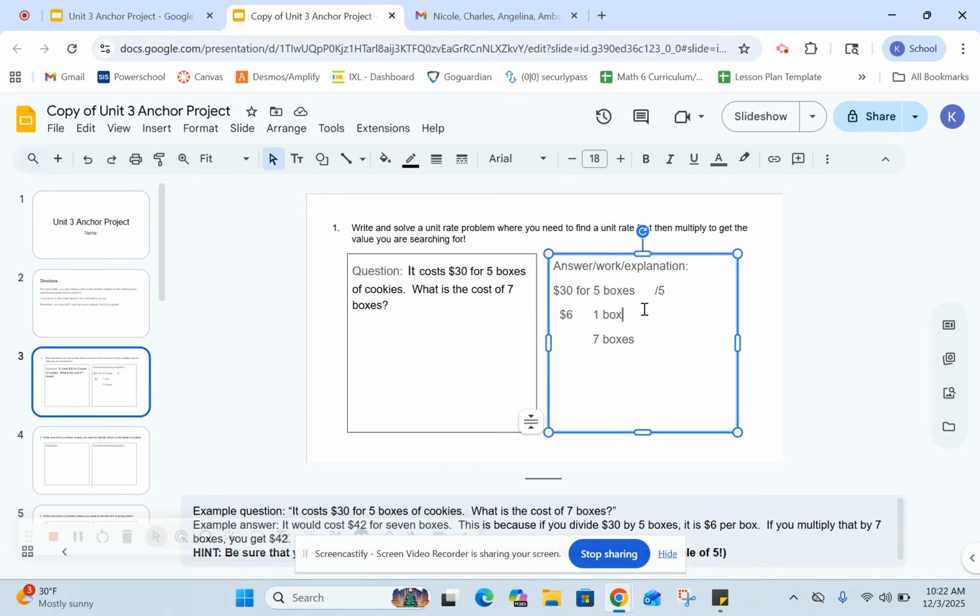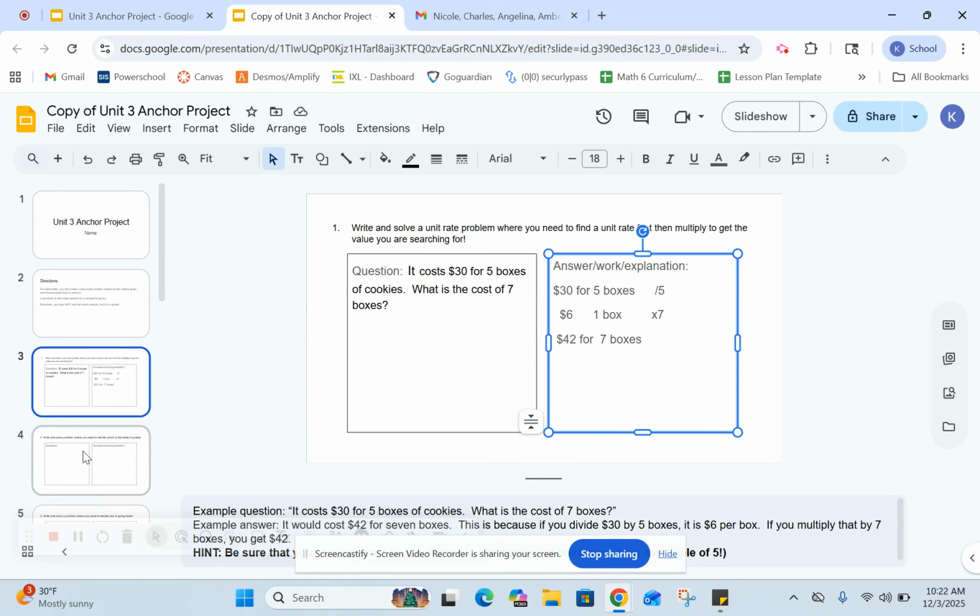So now we need to think about, how would I go from the cost of 1 box to 7 boxes? That's right, we would multiply by 7. $6 times 7 is $42 for 7 boxes. All right, now you are going to try a question like this on your own, and then we will move on.